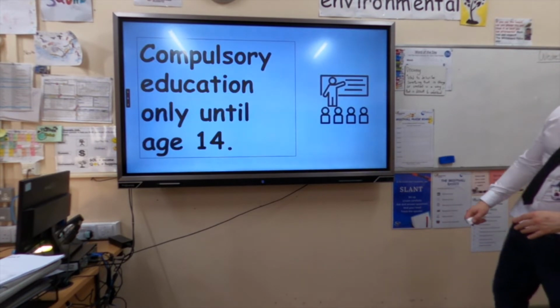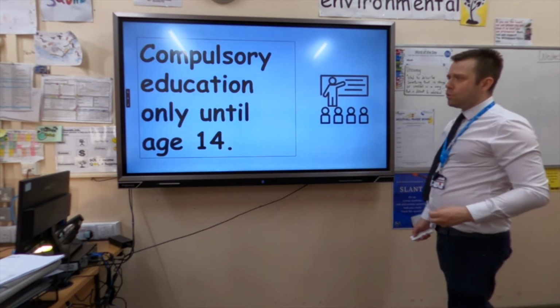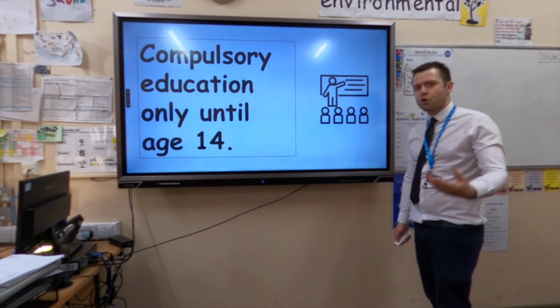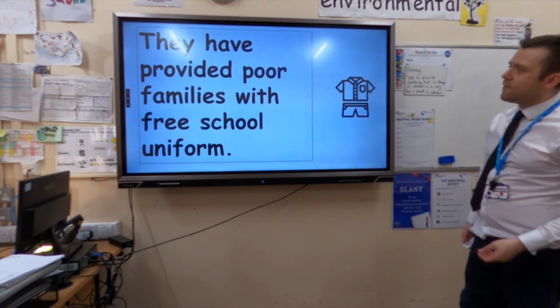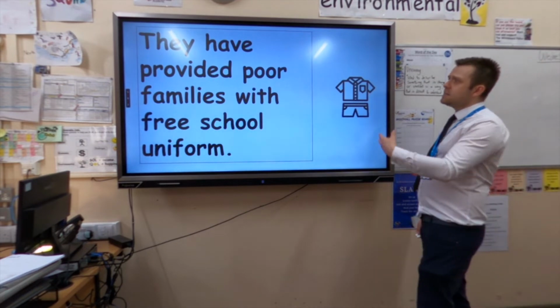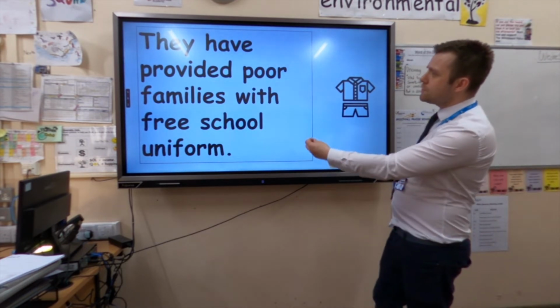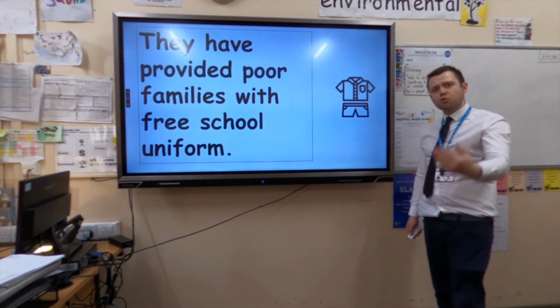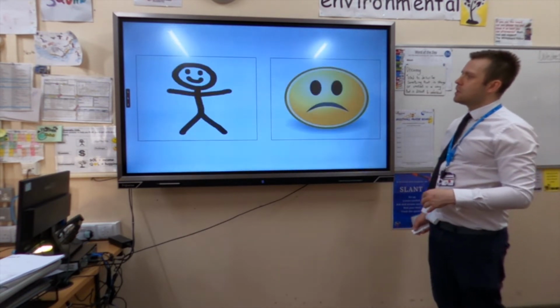Another social challenge is that it's only compulsory to go to school until you're 14, and many drop out before then to try and earn money for their families. However, a social opportunity is that the Schools for Tomorrow programme is providing free school uniform to encourage them to send their kids to school.